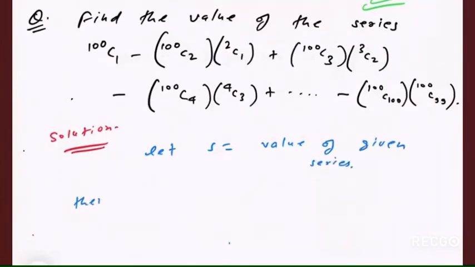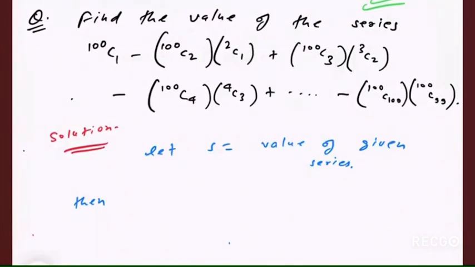Let's say that S is the value of the given series, right? Then S should be equal to the coefficient of x to the power 99 in the series, which I'm going to write just now.